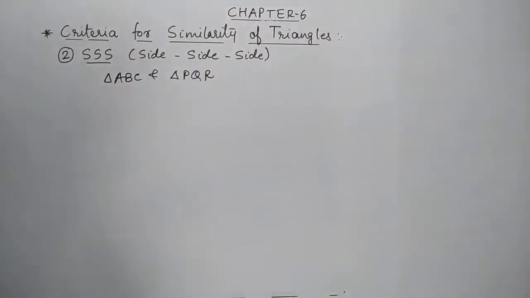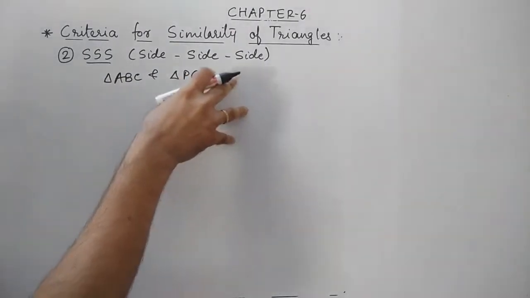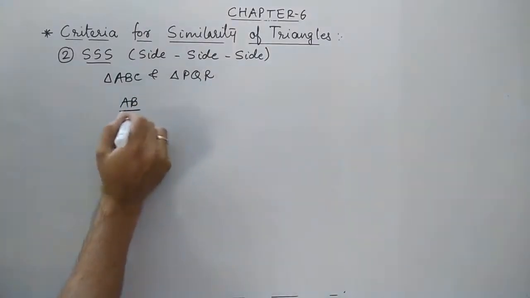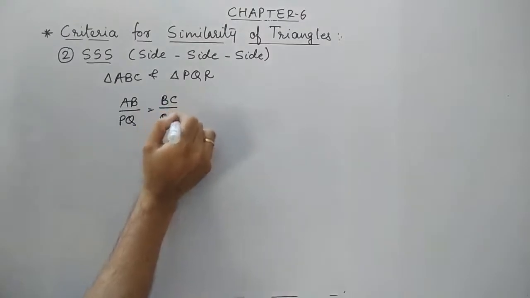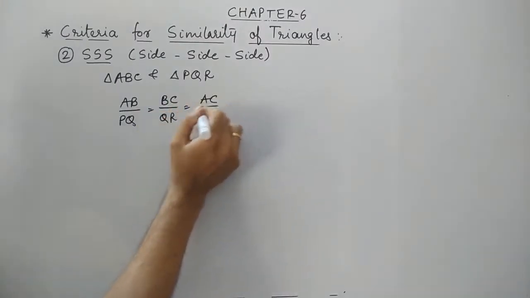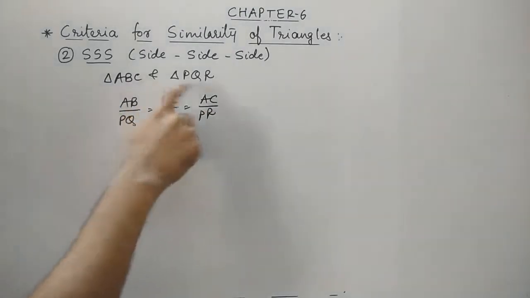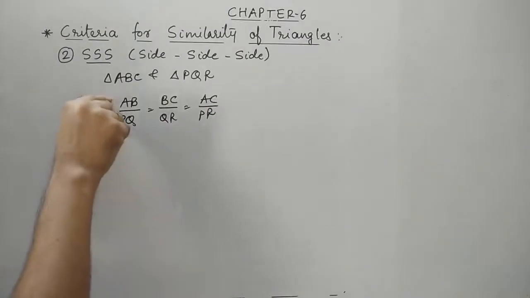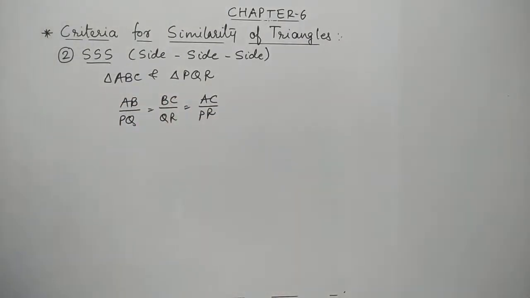Now sides of one triangle are in the same ratio as sides of another triangle. Suppose AB upon PQ is the same as BC upon QR is the same as AC upon PR. So these are the sides of one triangle and these are the sides of another triangle. The ratios of these sides are in the same proportion, or we can say they are in proportion.